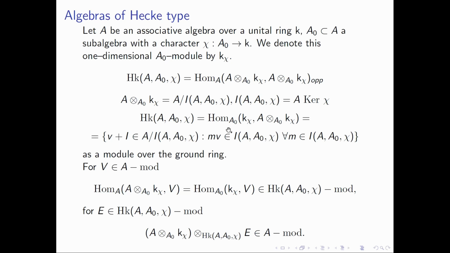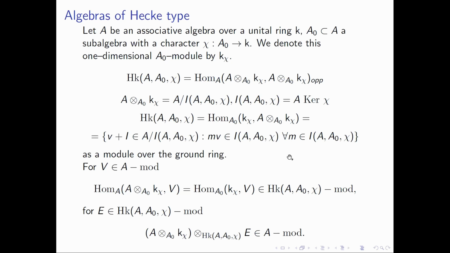And the algebra, which I call HK, after Hecke, of A0 and chi, can be written using Frobenius reciprocity as the algebra of homomorphisms from the one-dimensional representation induced by the character to the induced representation, or in other words, it consists of classes in the quotient A over the ideal I, which are invariant with respect to the left action of the elements of the ideal.